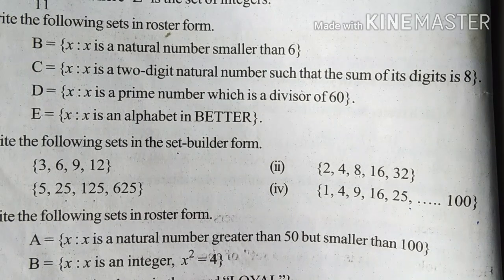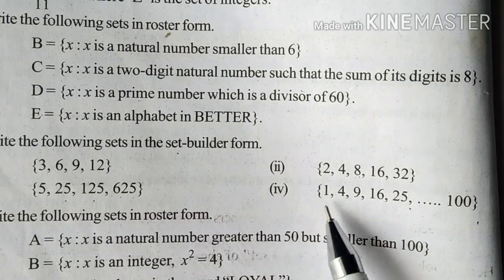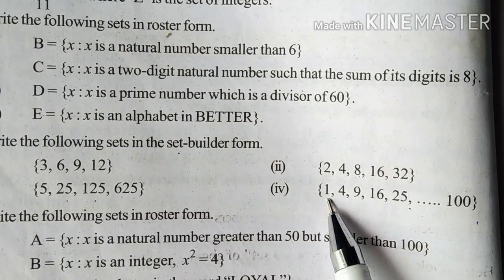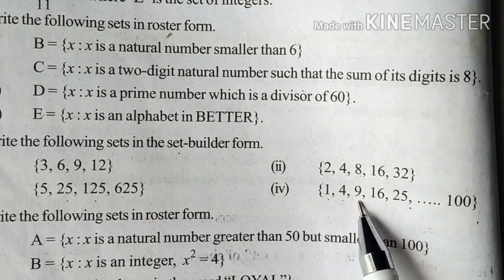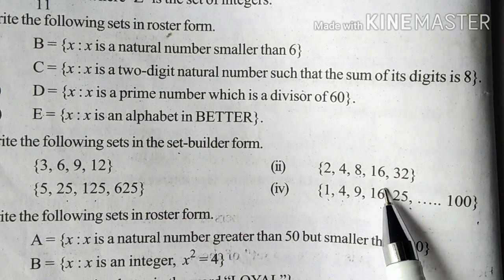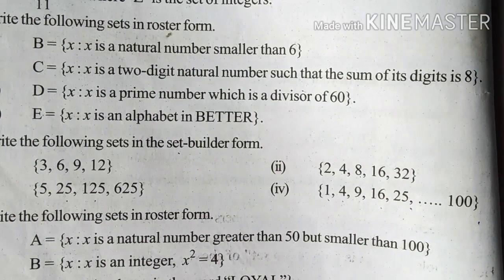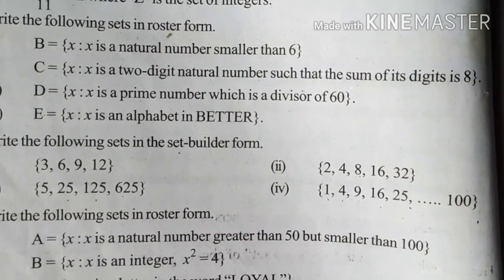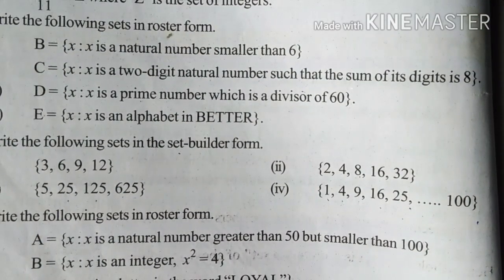Do you have any idea? See, square numbers it is. 1 square means 1, 2 square means 4, 3 square means 9, 4 square means 16, 5 square means 25, 10 square means 100.